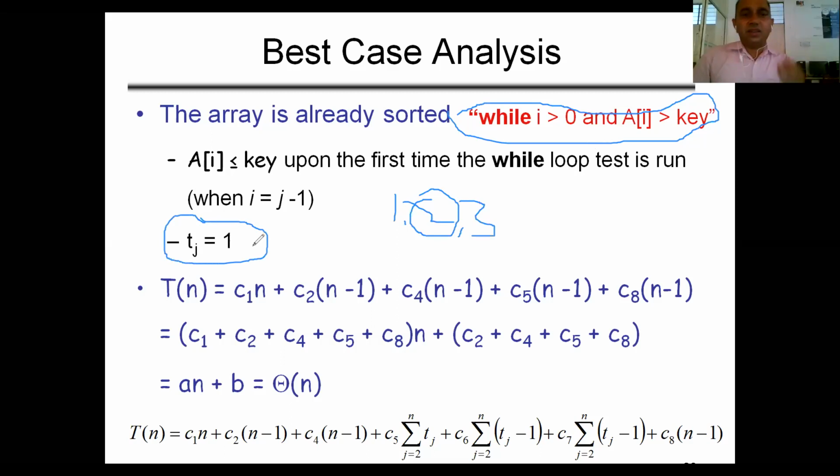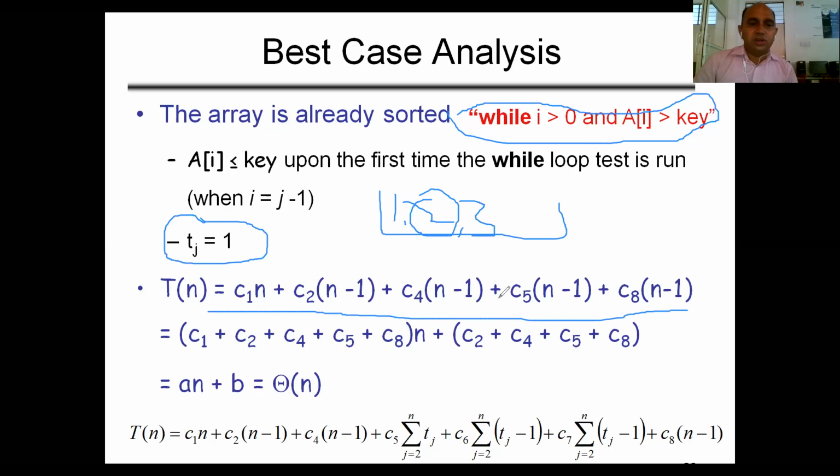But the lines under the condition of the while loop will not execute, because my elements are already sorted. So the total cost in this case, where tj is equal to 1, is calculated by these equations. After solving these equations, the total cost comes out like this. If we represent all constant values by a and b, the equation of the best case will be an plus b, that is a linear equation, and it can be represented by theta.